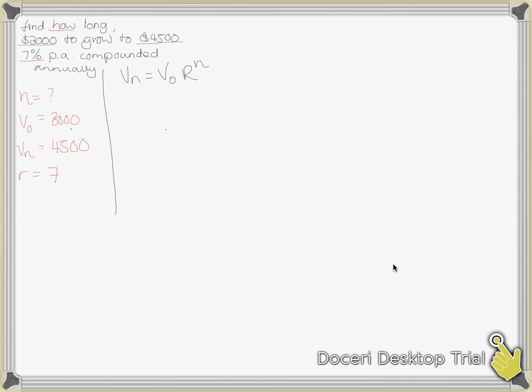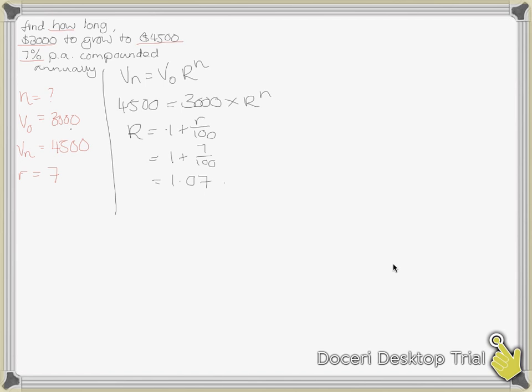So Vn was 4,500, which equals 3,000 times r to the power of n. Now r is equal to 1 plus little r over 100. So we need to do 1 plus 7 over 100, which gives us an r value of 1.07.